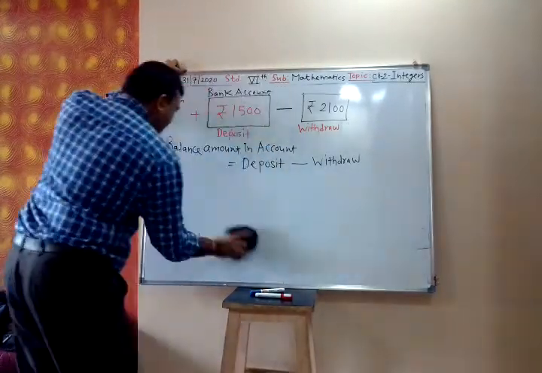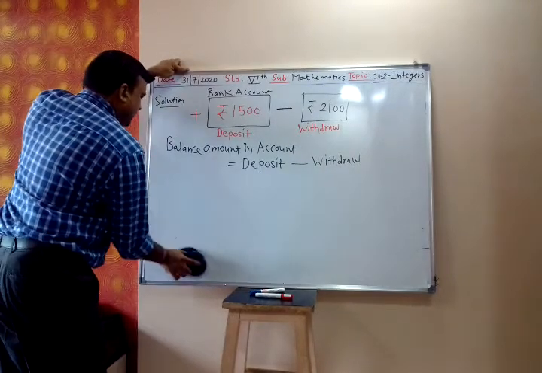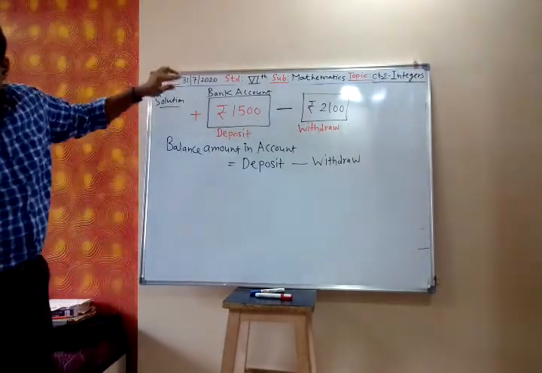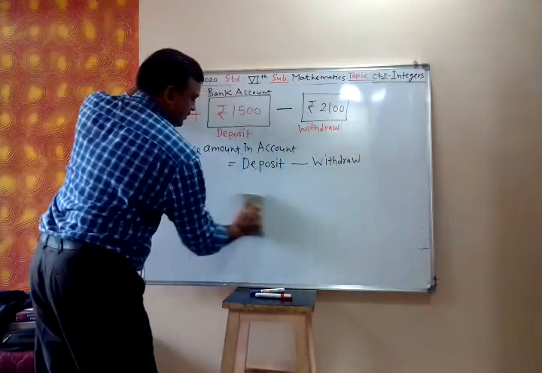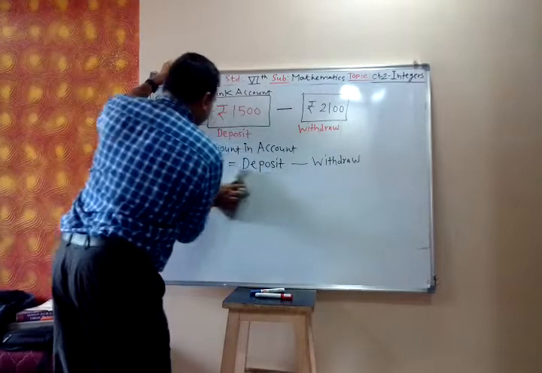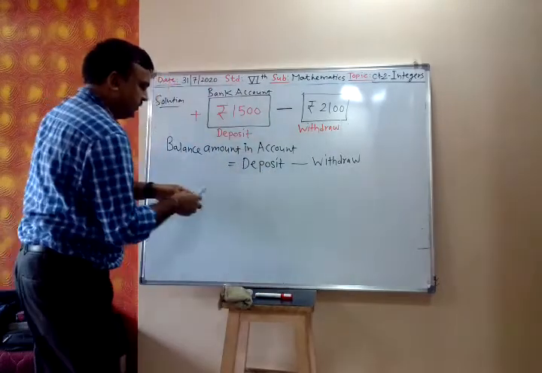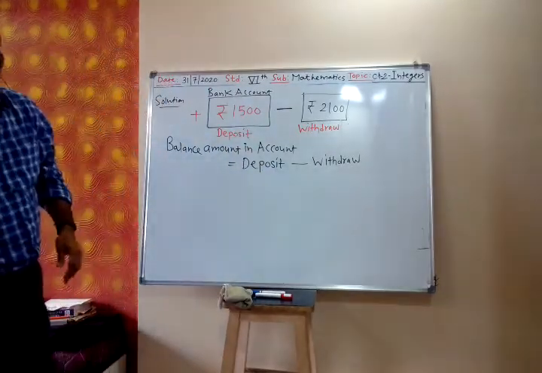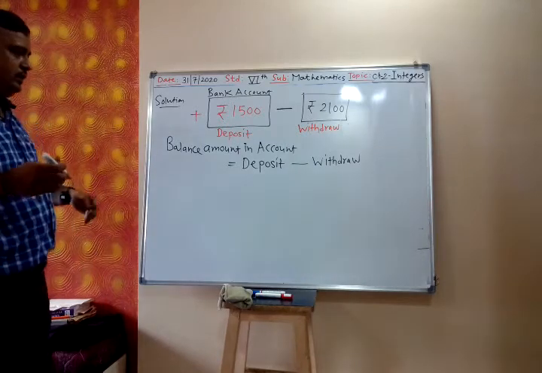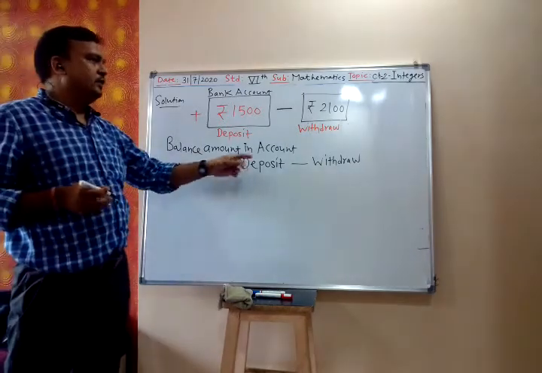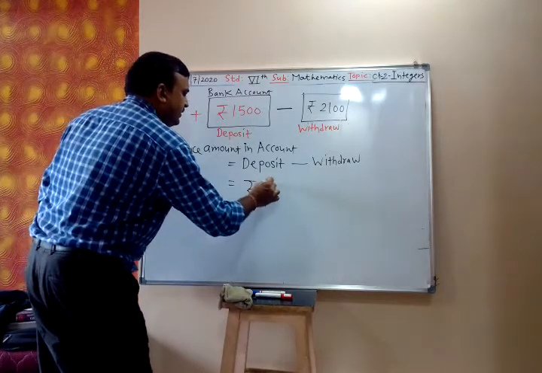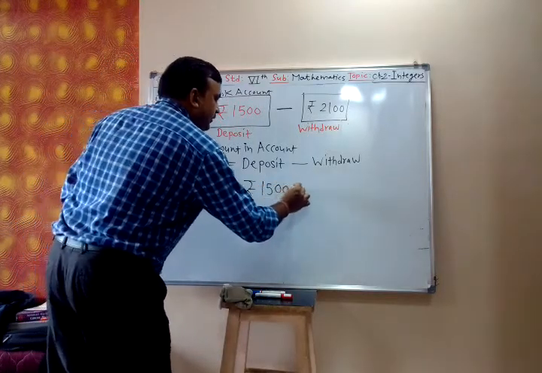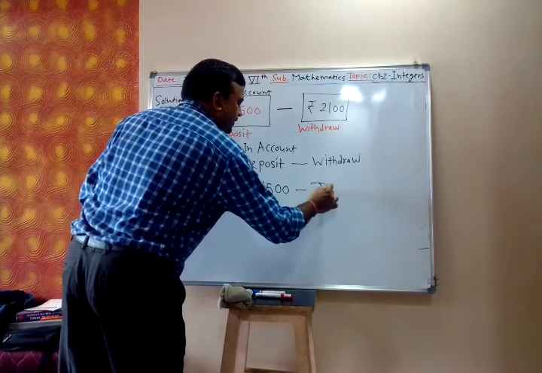So the balance amount will be deposit amount minus withdraw amount. Deposit is 1,500 and withdraw is 2,100.